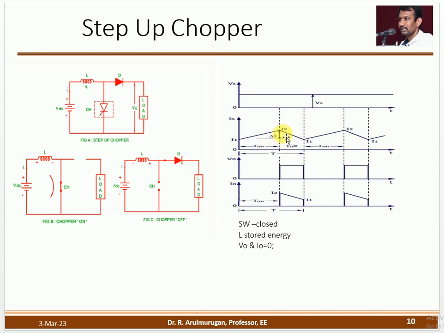The father gives money and the sister also gives her pocket money from her savings, the total money. So during discharge, the output voltage and output current are present during mode 2. So this is about the boost converters.